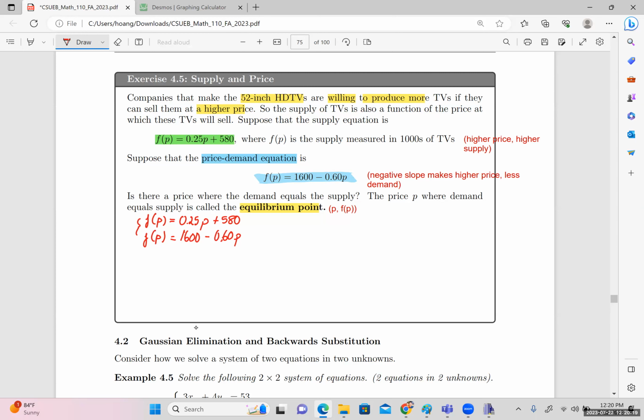You can solve this by the substitution method if you want. You can just set up 0.25p plus 580 equal to the other side, 1,600 minus 0.6p, right? And then solve for p. You will have to add 0.6p to both sides.